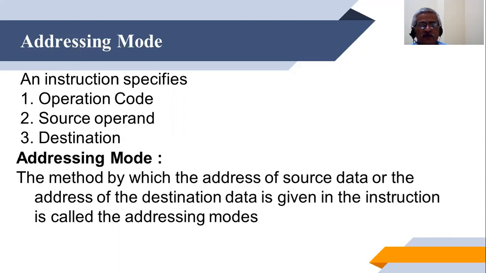Maybe they can come from the I/O sources, they can be in the memory, and there will be different ways of accessing those locations. Accordingly, the addressing mode is defined as the mechanism or method through which we are able to find the addresses of the source and the destination data items.